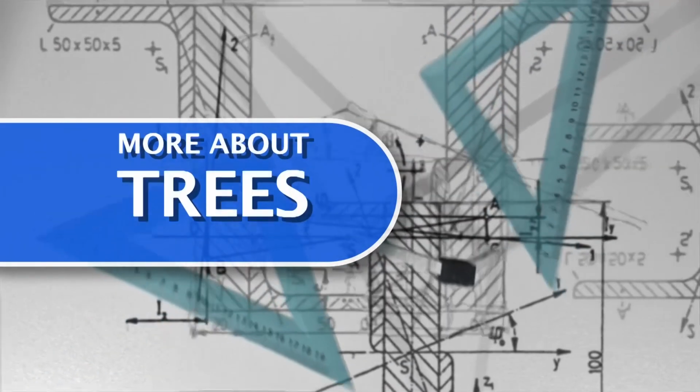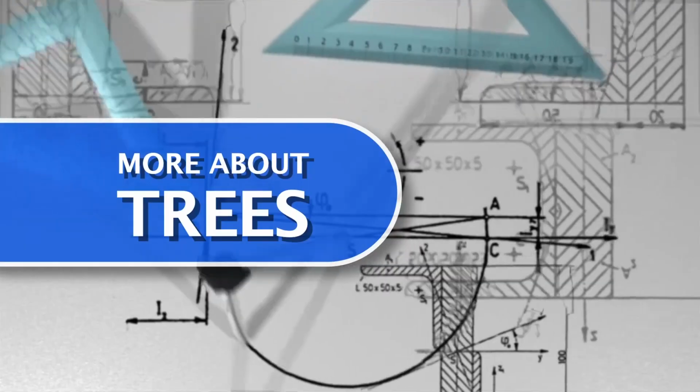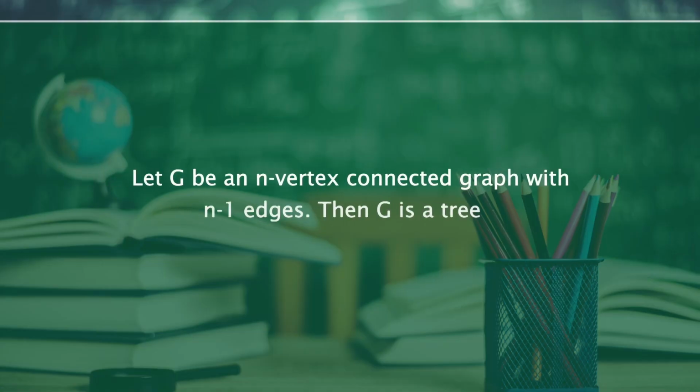In this session, our aim is to discuss some more properties about trees, and we shall see some examples and some types of trees also, like what we mean by a spanning tree, what are rooted trees, which are quite helpful in computer science. So we start with some properties of trees, like this one.